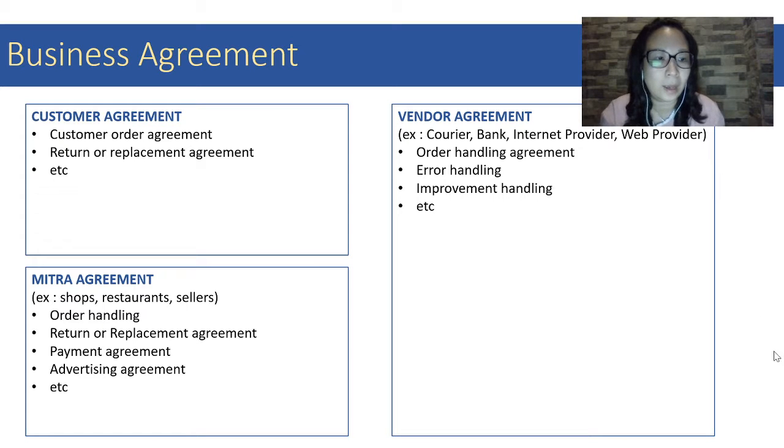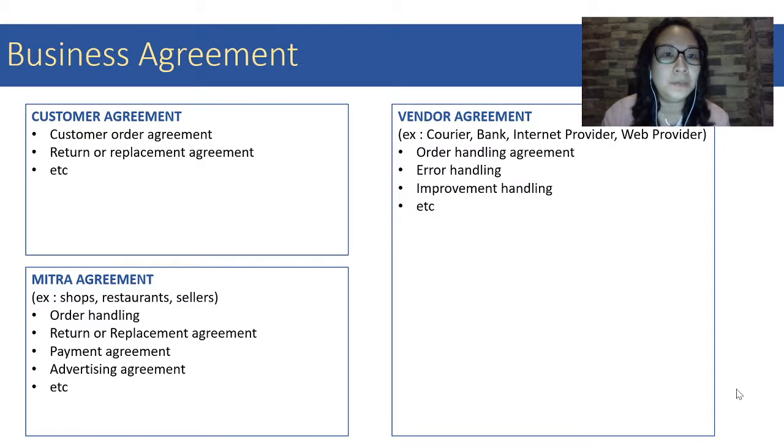Okay, and for example, Shopee also has Instagram. So does the advertising only apply in Shopee only, or will the seller also be published in the Shopee social media, and so on?